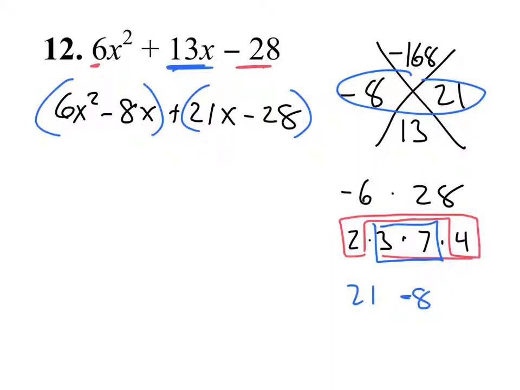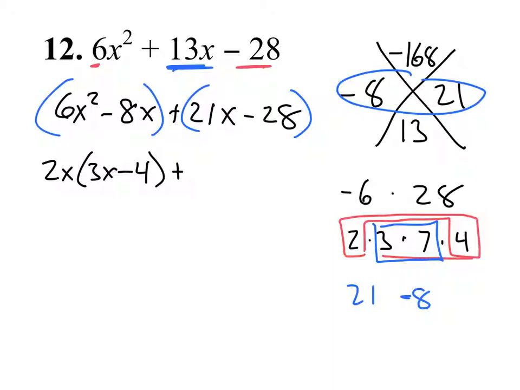Because I put the negative number first, I automatically end up with the positive in between. I don't have to worry about doing the plus and negative stuff. So in my first group, what can I factor out? You're right, 2x. 3x minus what then? 4.